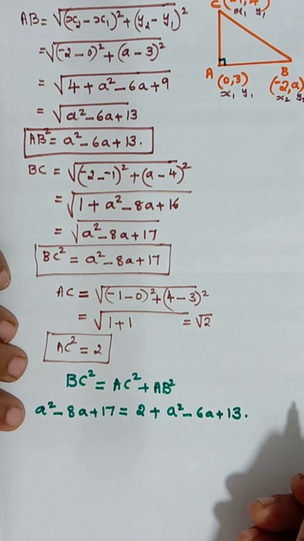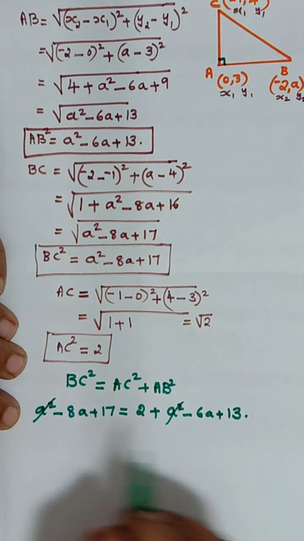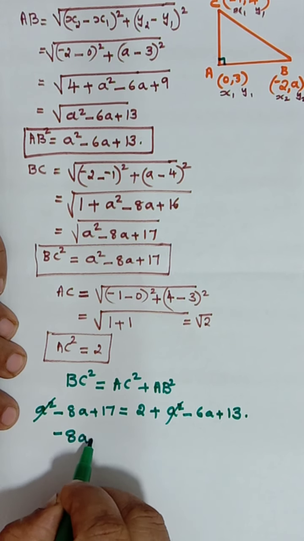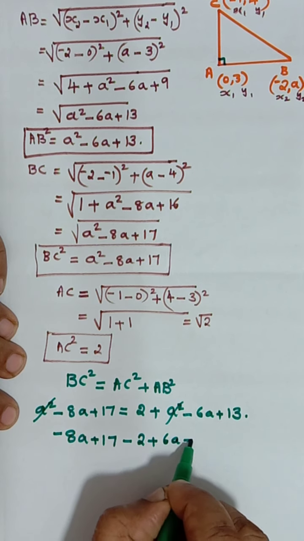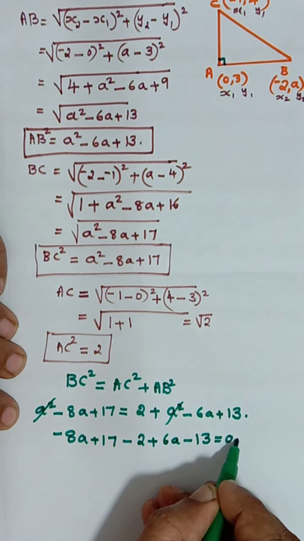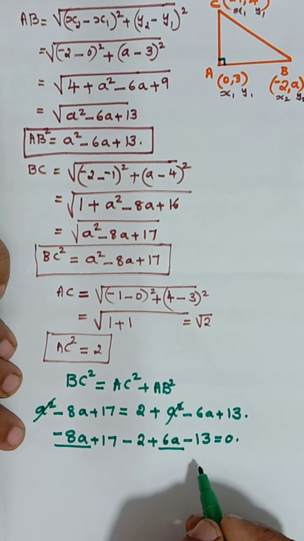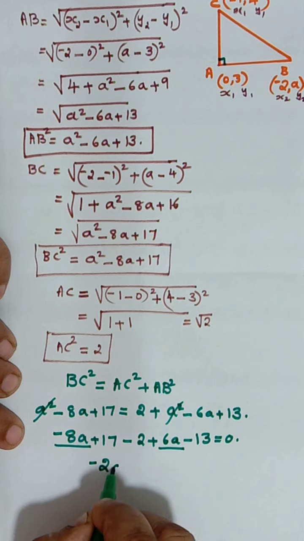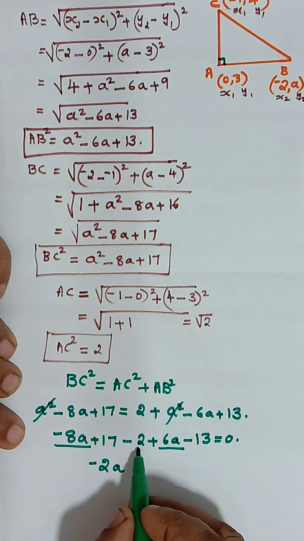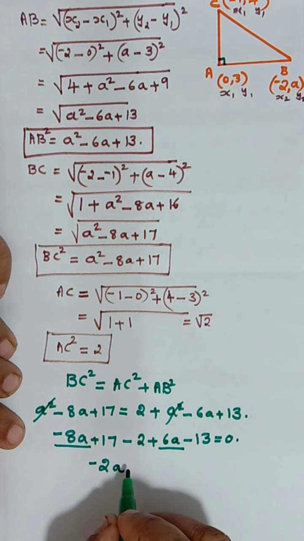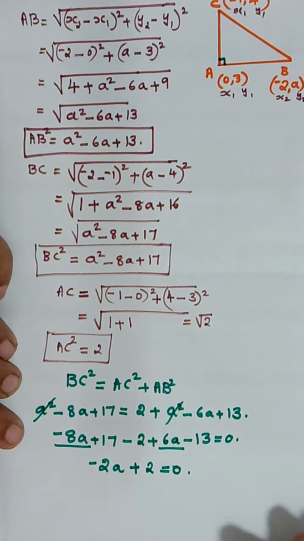Let us take everything to one side after cancelling some of these points. It's easy to cancel. So here we have negative 8a plus 17 minus 2 plus 6a minus 13 equal to 0. Look at like terms: negative 8a plus 6a, the difference is negative 2a. 17 minus 2 is 15, 15 minus 13 is plus 2, equal to 0.